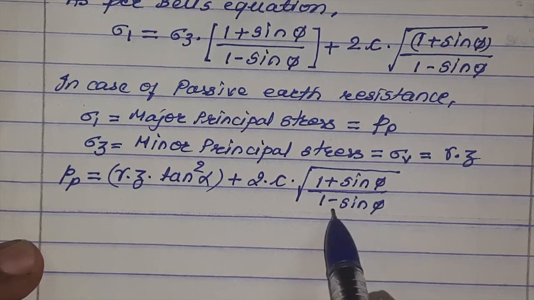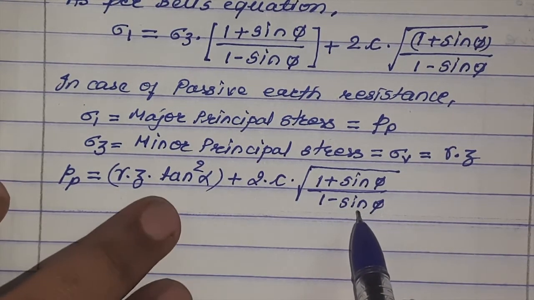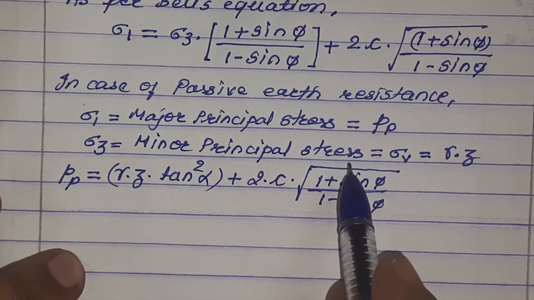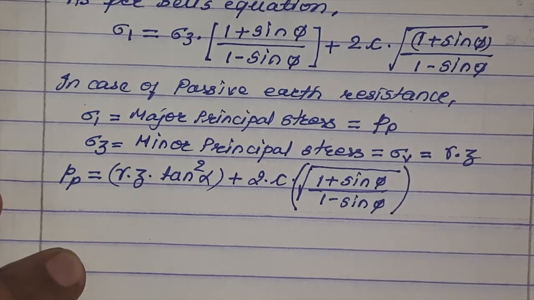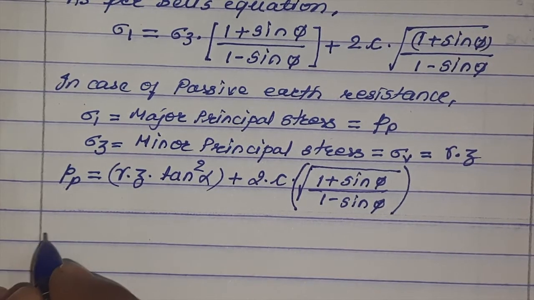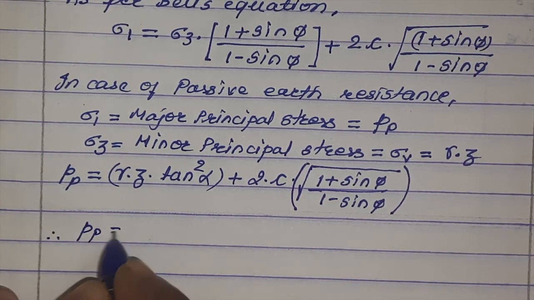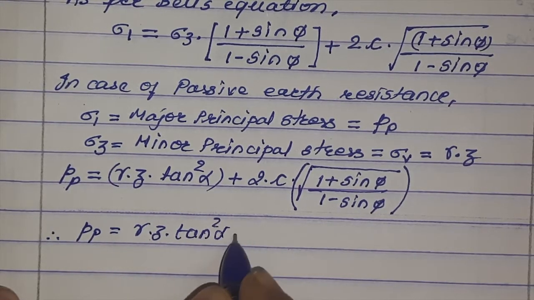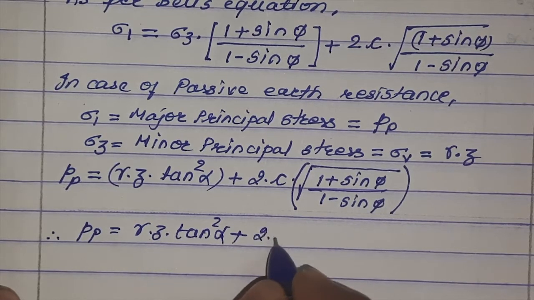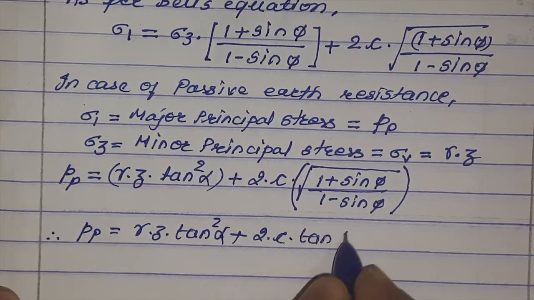What is 1 plus sin phi upon 1 minus sin phi? It is tan square alpha, but it is under root now. Hence, this term can further be replaced by tan alpha. Therefore, Pp is equal to gamma Z tan square alpha plus 2C tan alpha.